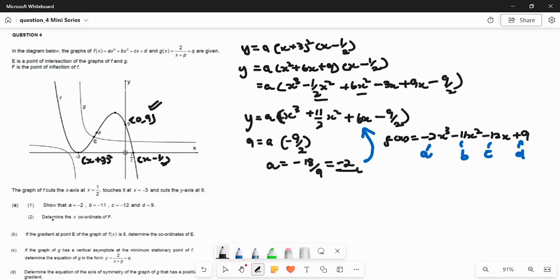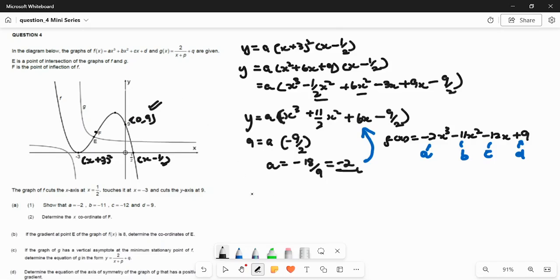And then number 2, determine the x-coordinate of F. At F we are told that that is a point of inflection, stationary point. So whenever we want to find the point of inflection, we take the second derivative of our cubic function and then equate that to 0.